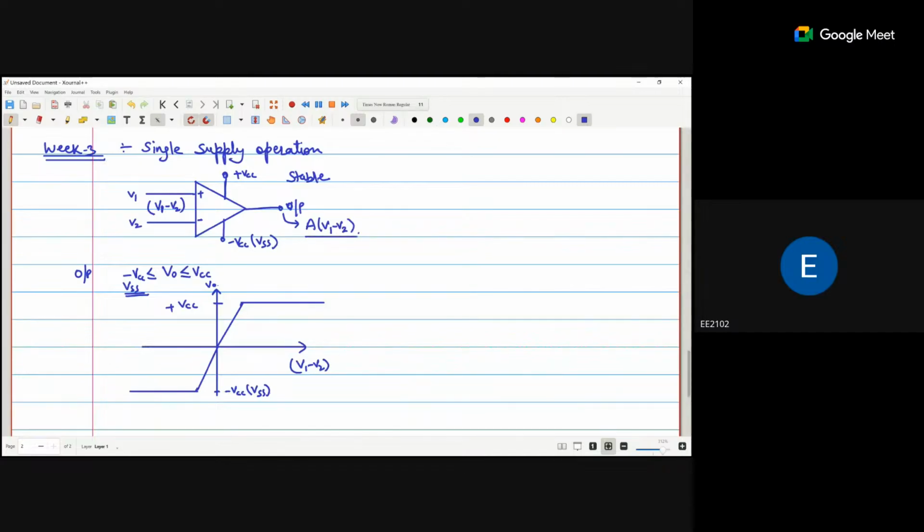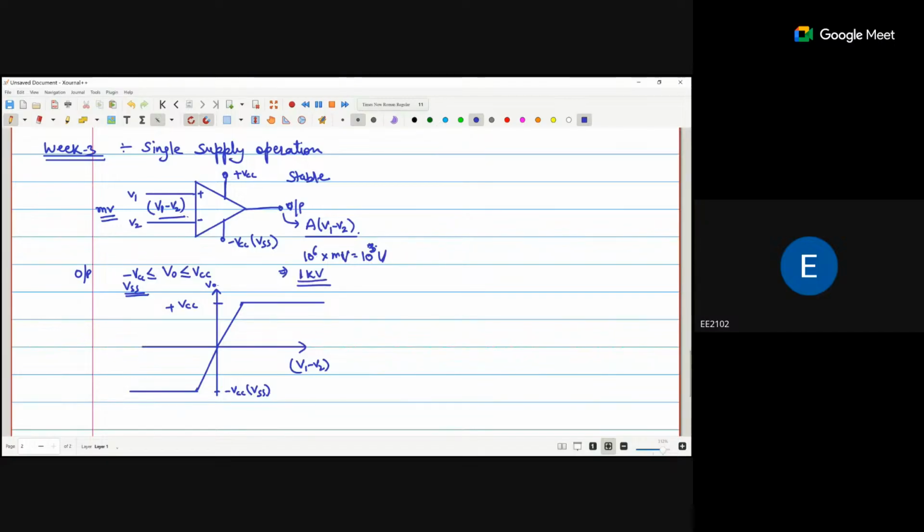The open loop gain of the operational amplifier is 10 raised to power 6. So if you apply millivolts at the input side V1 minus V2, you get an output voltage of 10 raised to power 6 times a millivolt, that is 10 raised to power 3 volts, or 1 kilovolt.